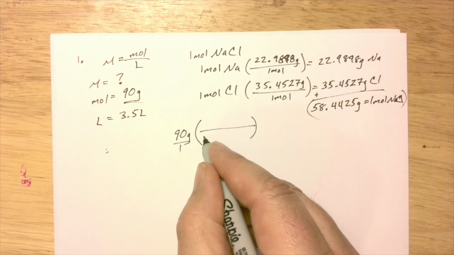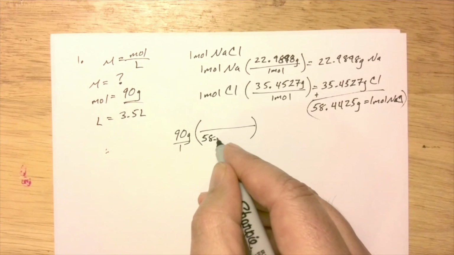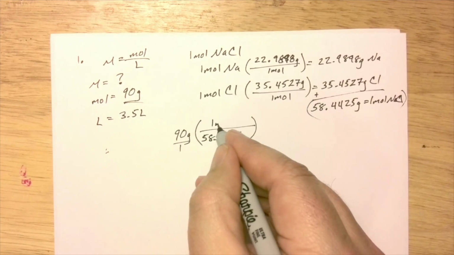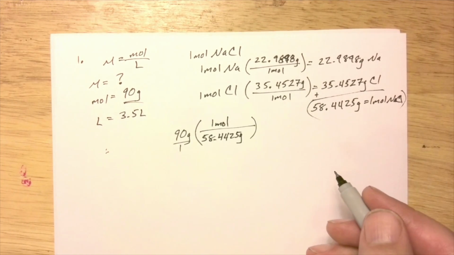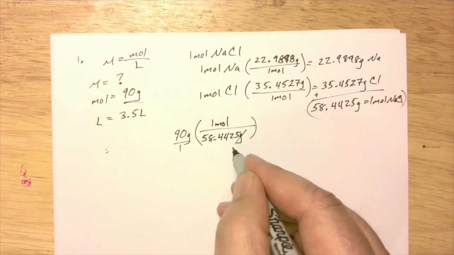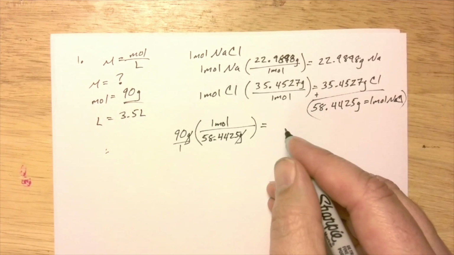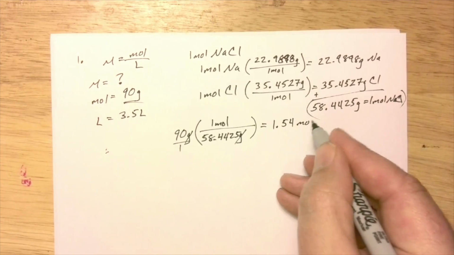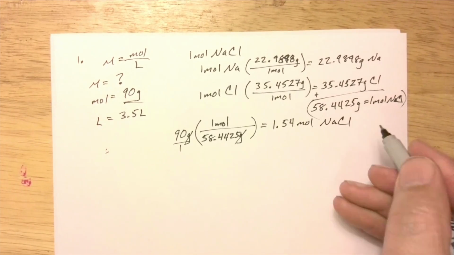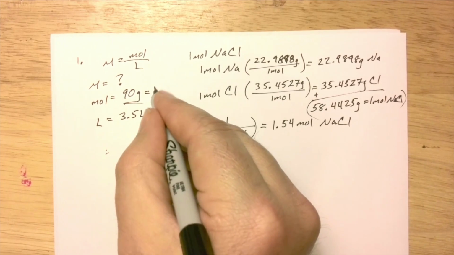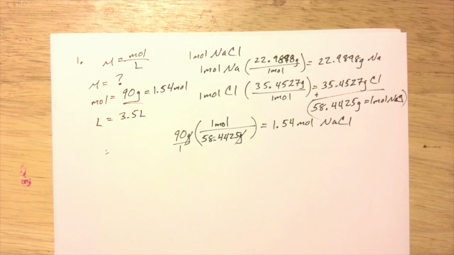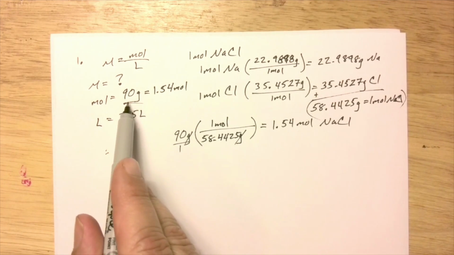So 58.4425 grams underneath 1 mole. This way grams will cancel. You end up getting about 1.54 moles of sodium chloride. So now we have the number of moles. So 90 grams of sodium chloride is 1.54 moles.